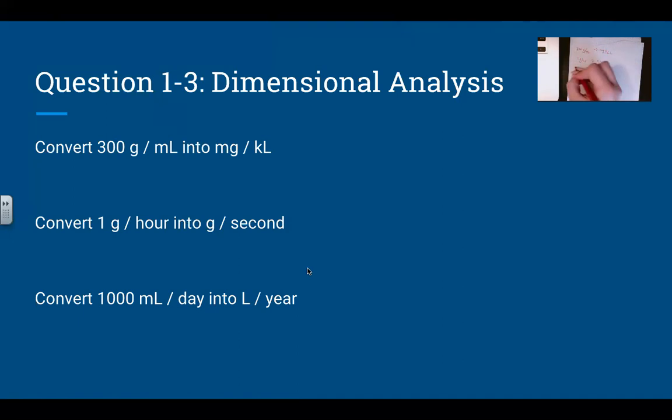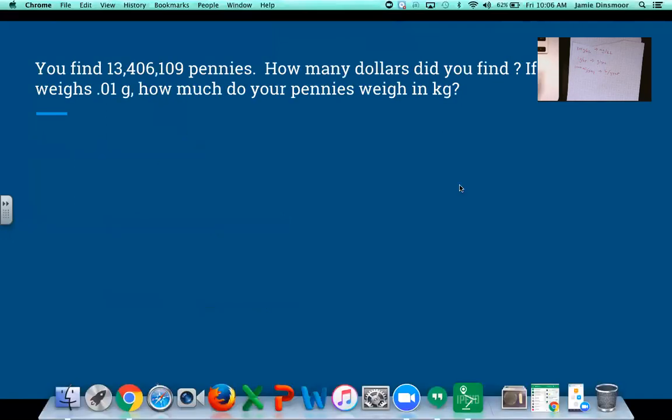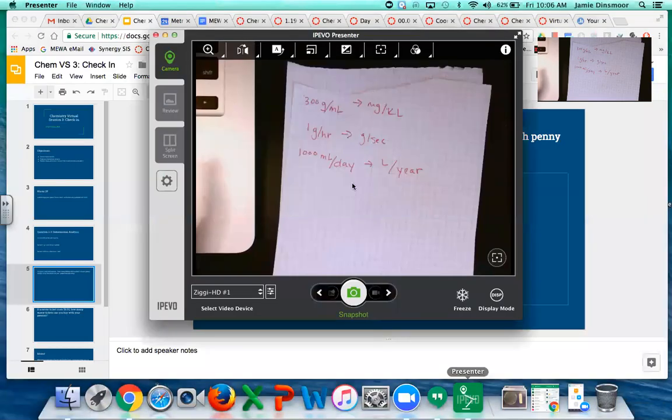And we're going to convert 1,000 milliliters per day into liters per year. Okay. And in order to view it, there we go. We're going to view it in this presenter thing, where it's actually the correct direction and not backwards.